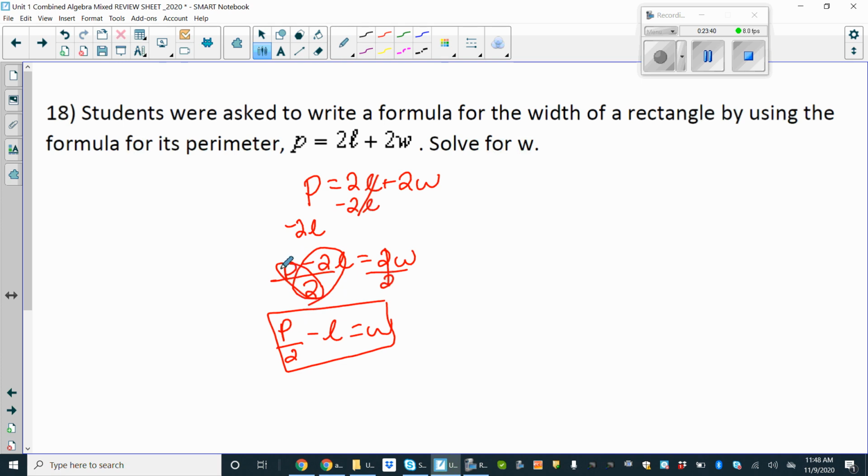So that's why we showed P over 2, because nothing can be simplified. And negative 2L divided by 2, the 2's can cancel out and we're left with negative L.